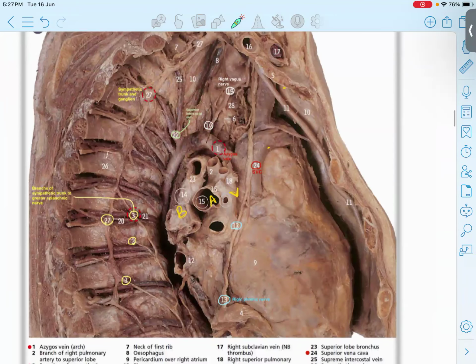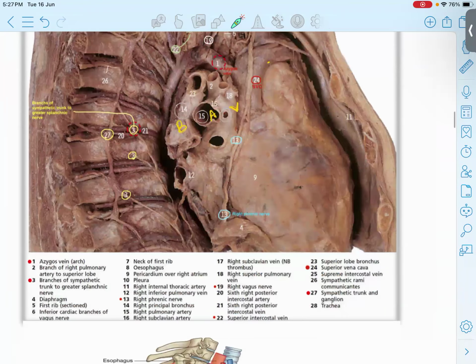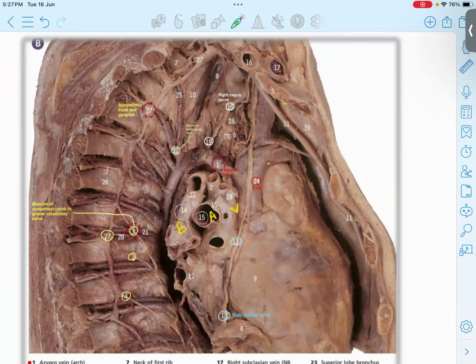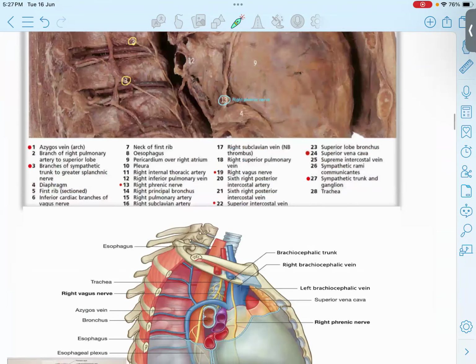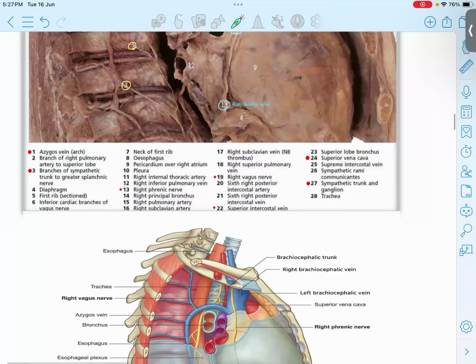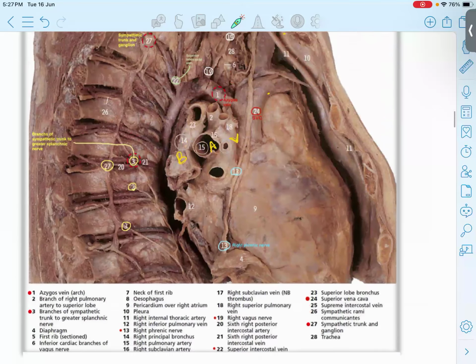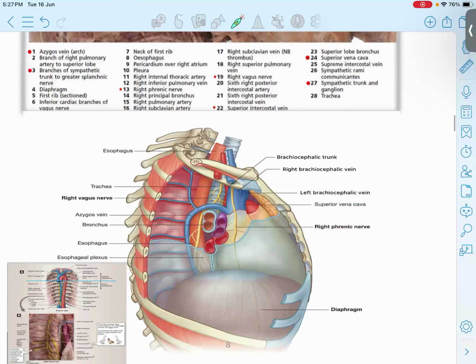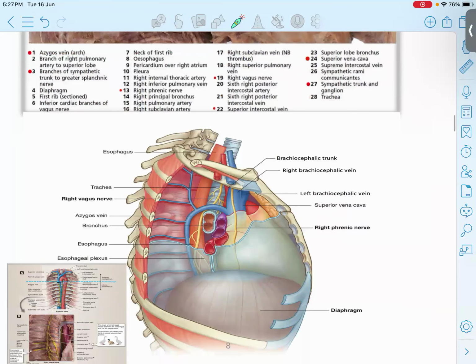These are the most important. And another important 19 structure, right vagus nerve. See here, right vagus nerve. Okay. These are the important structures from this image. Other structures you just go through once for concept. Those are not asked in exam actually.